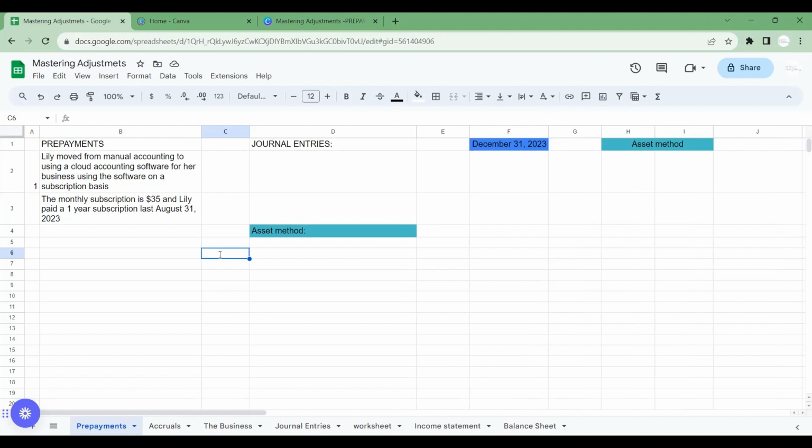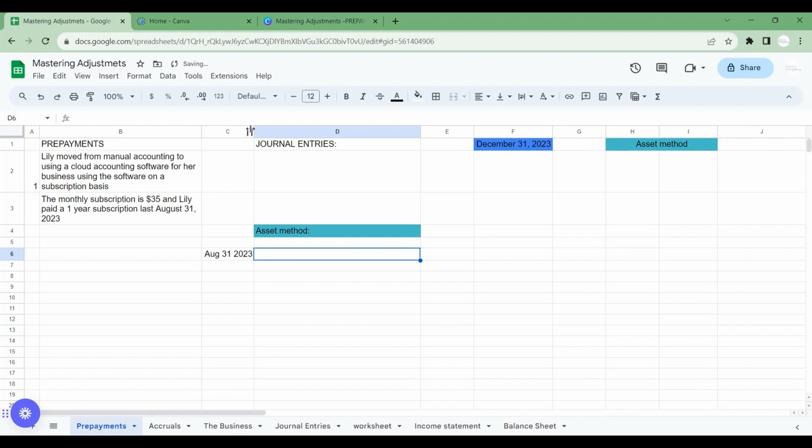On August 31, she will debit an asset account, which is Prepaid Accounting Software Subscription. Remember, this is an asset account. And credit cash, let's say she paid in cash.